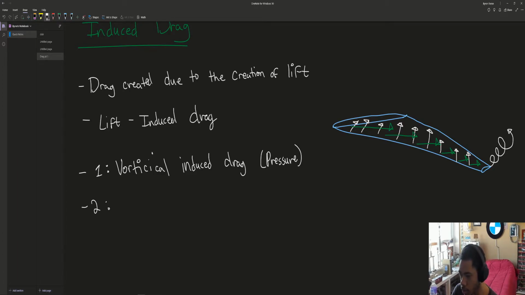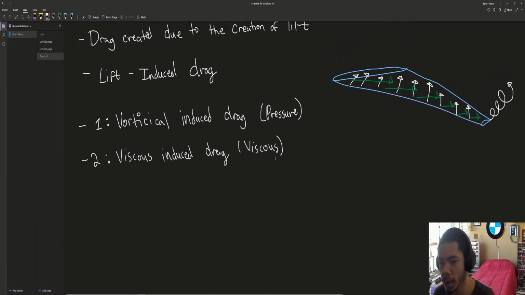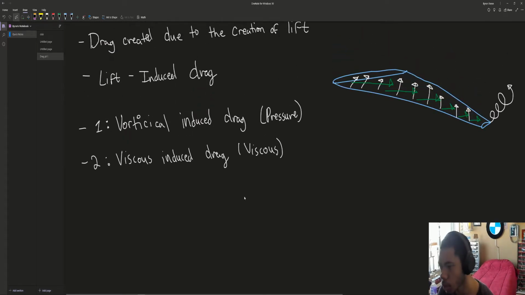The second one we get is viscous induced drag. This is due to a viscous force. Okay, so we find out here we have the two different kinds of induced drags. Let's talk about number one. Vortex drag.